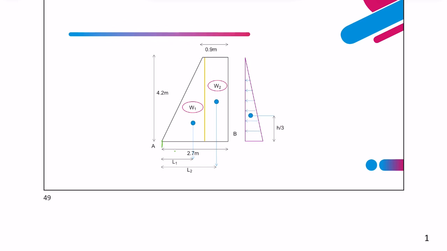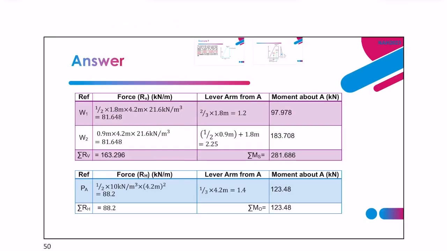And then for the retaining wall itself, we need to calculate the weight. Divide it into 2 here to make it easier for us to calculate the distance from the centroid, because we need to find the stabilizing moment and also the overturning moment. Just prepare a table like this.